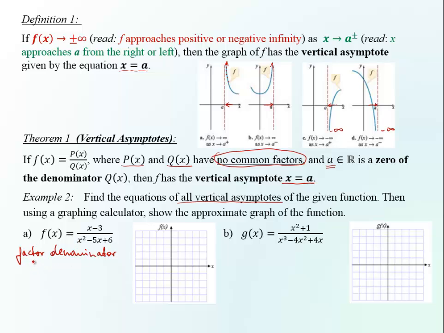So the denominator factors into x minus 3 and x minus 2. Well, notice that x minus 3 can be reduced with the numerator. So if we reduce this, the expression becomes 1 over x minus 2. I'm not saying that this is the same function as the original f of x.